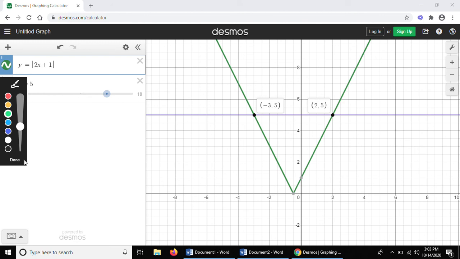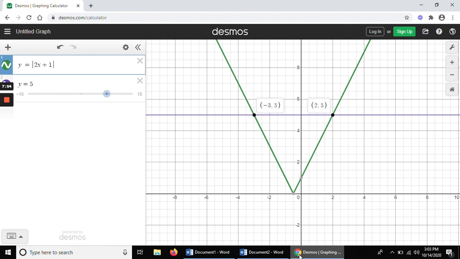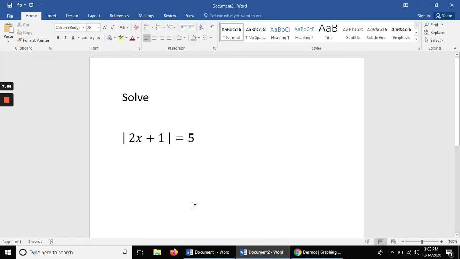Alright, so my answer, let me make this larger. My answer is x is equal to -3 and x is equal to 2.